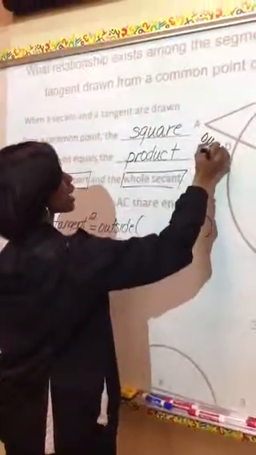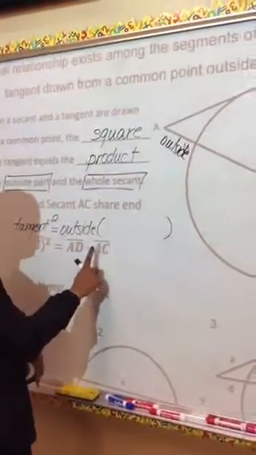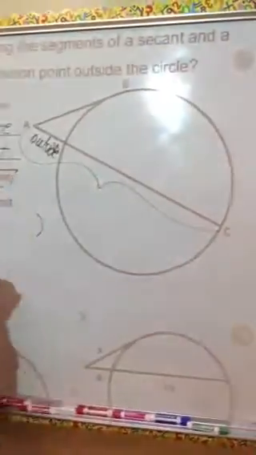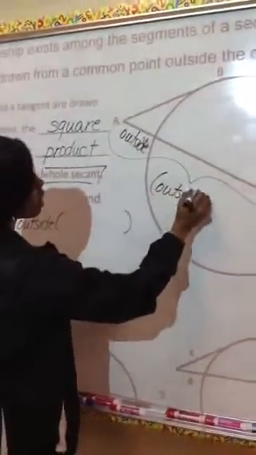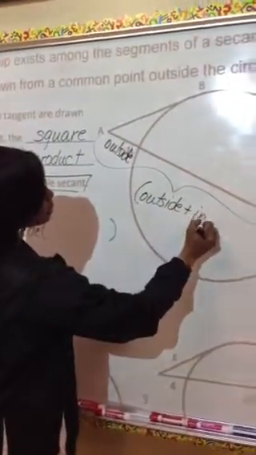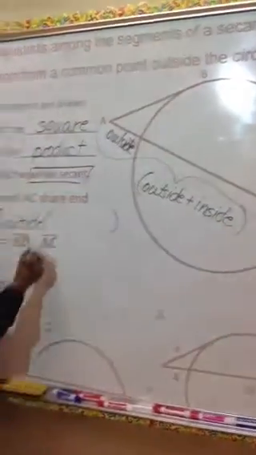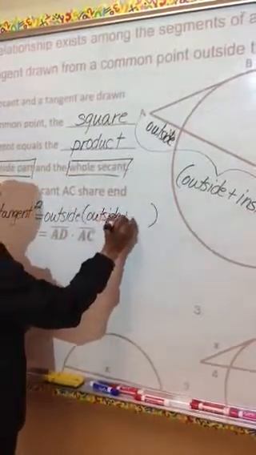So this is the outside, and the measure of the whole secant goes from point A to point C, from here to here. So to get the measure of the whole thing, we add outside plus inside. Once again, to get the whole thing, outside plus inside.